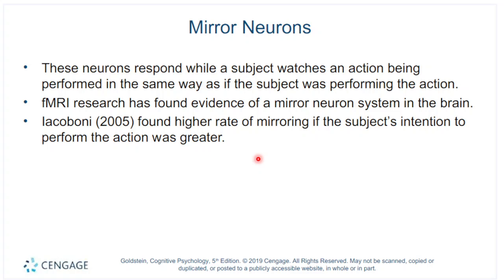So, Iacoboni, sorry kasi medyo mahirap siya i-pronounce, found higher rate of mirroring if the subject's intention to perform the action was greater. So, this might also explain why there are some people who are able to get the dance routines better than others. Kasi mas gusto talaga nilang matutunan yun.